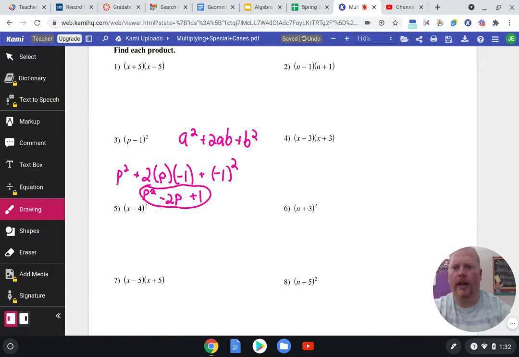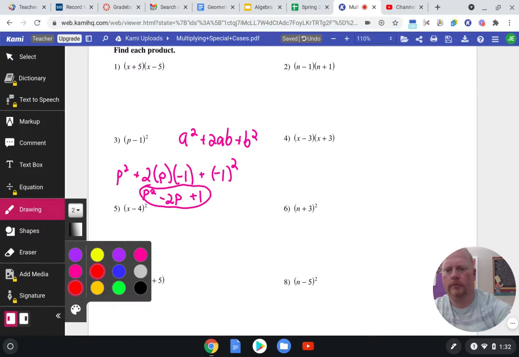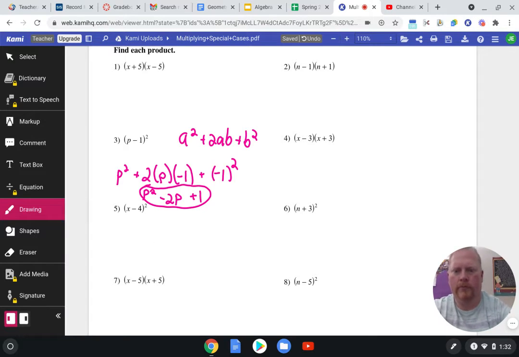Let's do question number 5. Okay, using the exact same formula, so I'll square the x, and then 2 times the x times the negative 4, plus negative 4 squared.